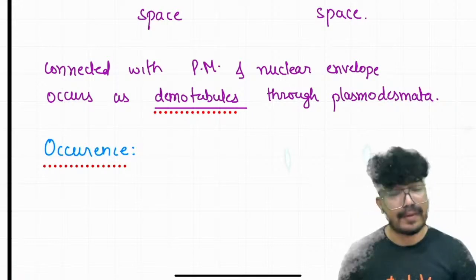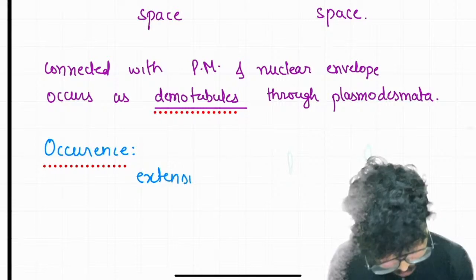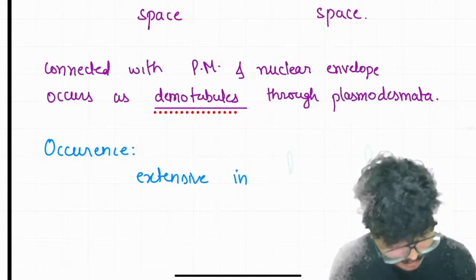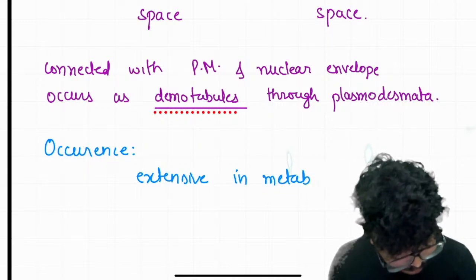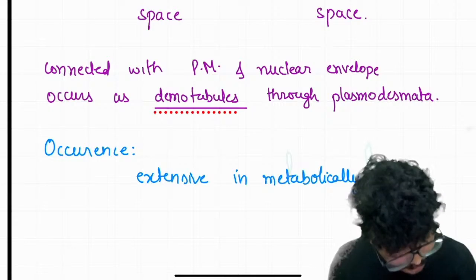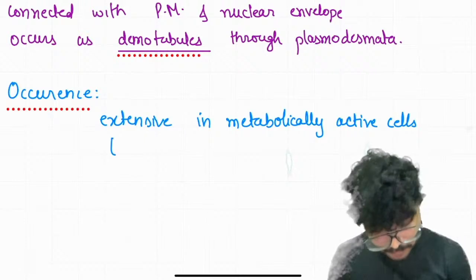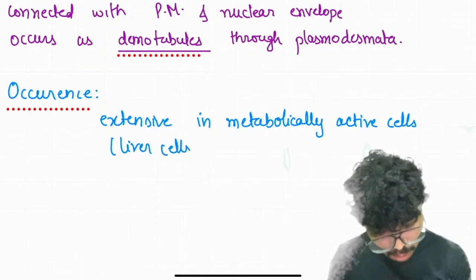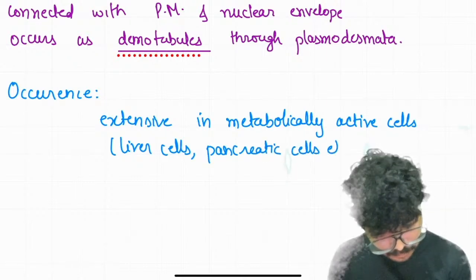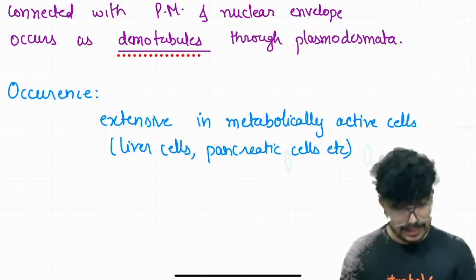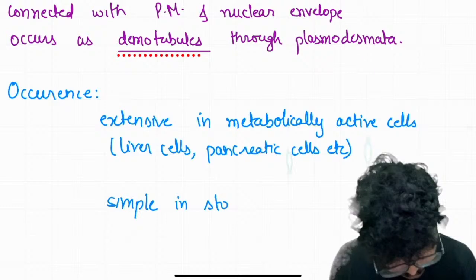You will have a very extensive network of endoplasmic reticulum in metabolically active cells, such as hepatocytes, hepatic cells, liver cells, pancreatic cells, etc. It is simple in storage cells.